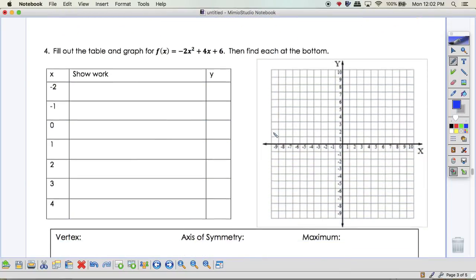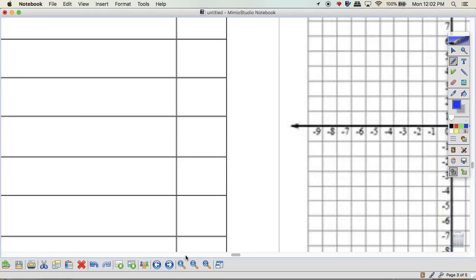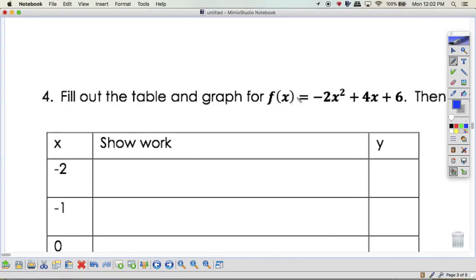Okay? This one is going to take a lot of work and a lot of space. It says fill out the table and graph for this function. Okay, this is going to be a parabola. I know it's going to open down because there's a negative in the front. We're going to need to write really small, and I'm going to plug these numbers in for x. Negative 2 times 2 squared plus 4, or times negative 2.